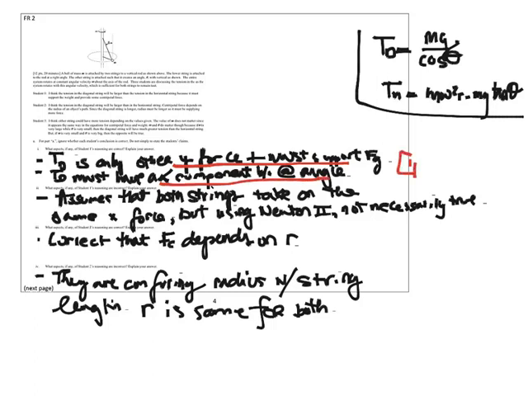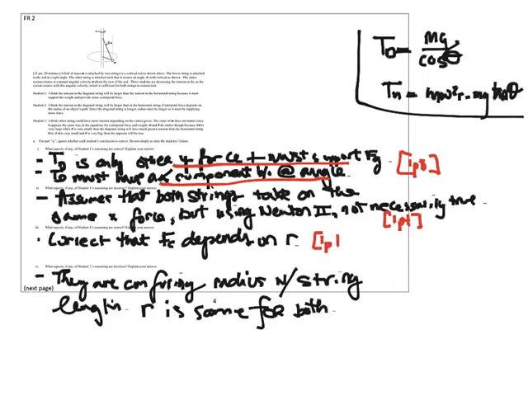Okay, and so those two combined gave you 1 point. In part 2 it says assume that both strings take on the same x force, but that's not true. Give yourself 1 point, or if you somehow indicated that the x components didn't have to be the same, give yourself a point.